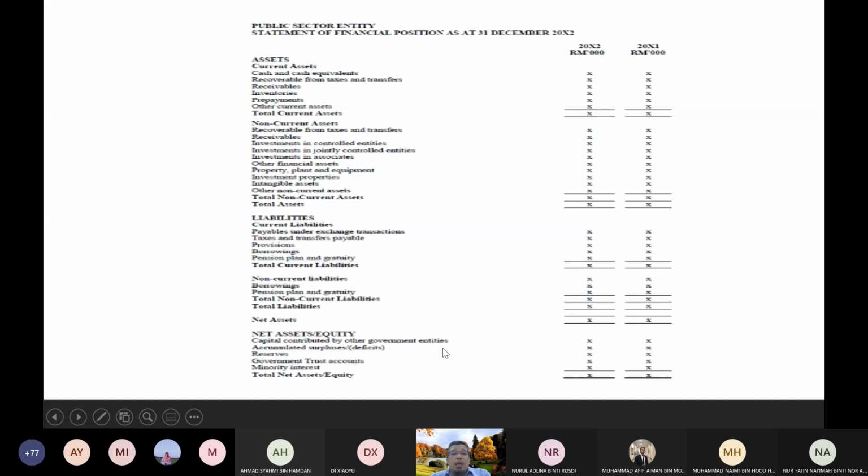More important, if you look at the equity, they have capital contributed by other government agencies, and then accumulated surplus and reserves. On top of that, they also have government trust accounts. In this example, they also provide minority interest. So if they combine a business type, then of course you have minority interest, right?